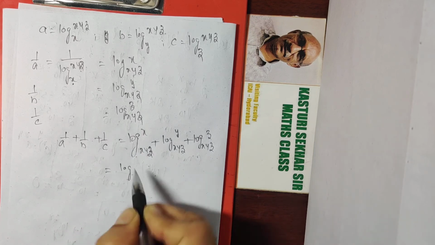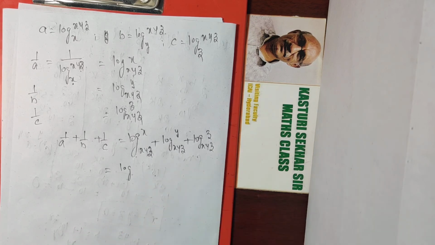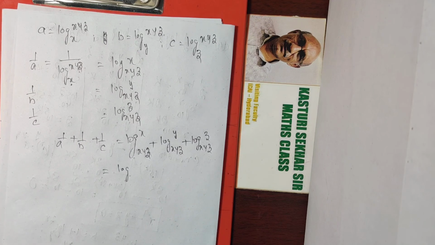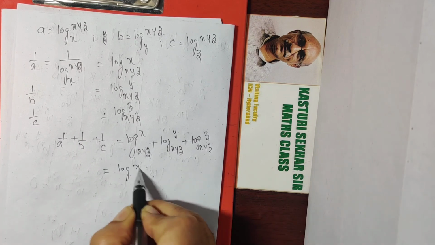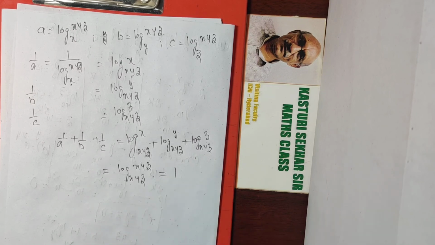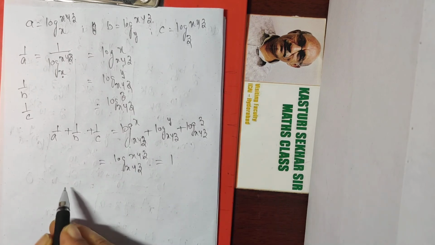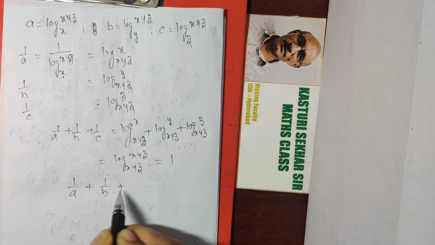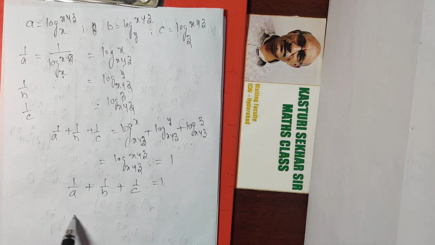This is of the type log a plus log b plus log c, which can be written as log abc. Logarithm of any number having same base is equal to 1. So 1 by a plus 1 by b plus 1 by c is equal to 1.